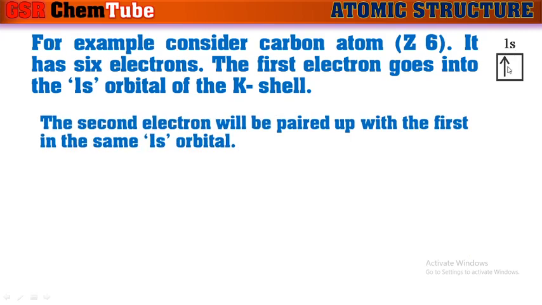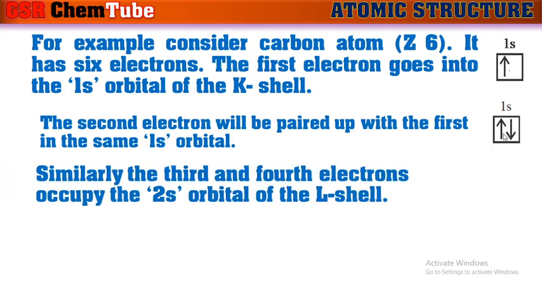The second electron will be paired up with the first electron in the same 1s orbital. Similarly, the third and fourth electrons occupy the 2s orbital of the second shell, that is the L shell.